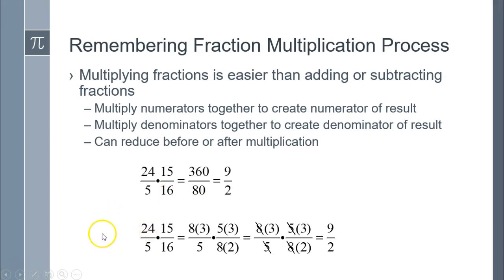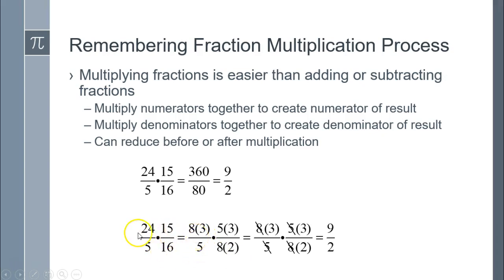You can reduce before multiplying if you factor each numerator and denominator. So the 24 factors to 8 times 3, the 15 factors to 5 times 3, the 5 doesn't factor, 5 times 1 is the only way, and then 16 to 8 times 2. I had noticed that 24 and 16 both had 8, that's why I chose 8.